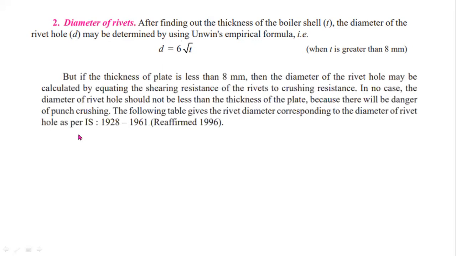But if the thickness of the plate is less than 8 mm, then the diameter of the rivet hole may be calculated by equating the shearing resistance of the rivets to the crushing resistance.